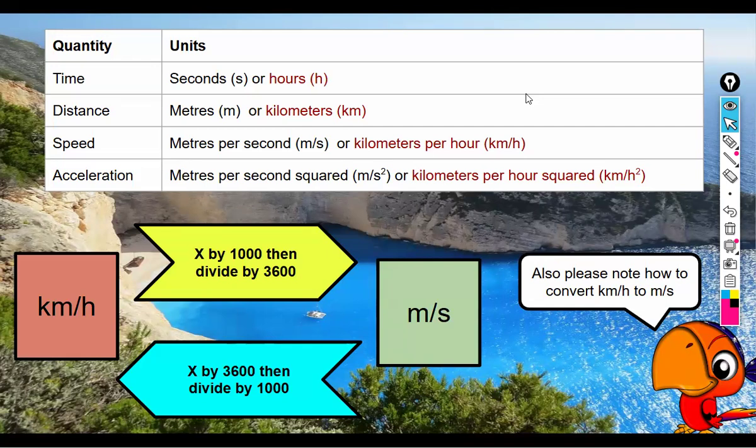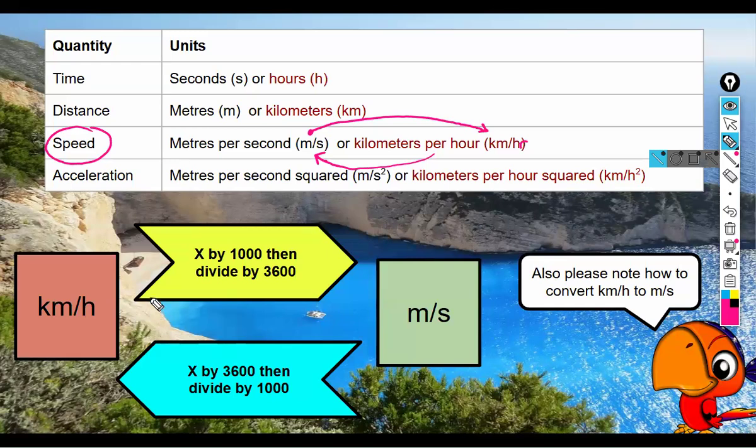What we're not familiar with is this guy here, the speed, right? A lot of people don't know how to convert meters per second to kilometers per hour. Or if you have kilometers per hour and you need to convert it back to meters per second, a lot of people, that's not general knowledge, okay?